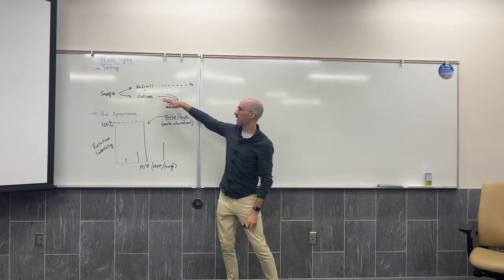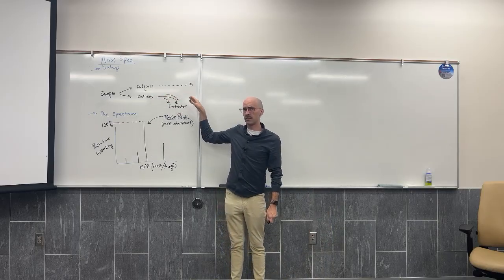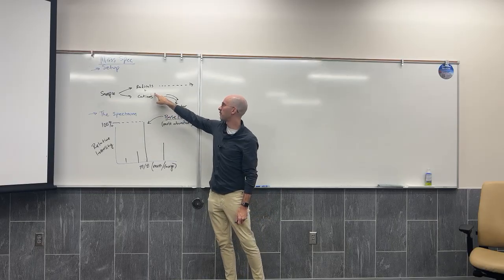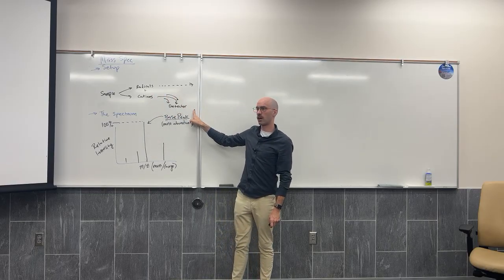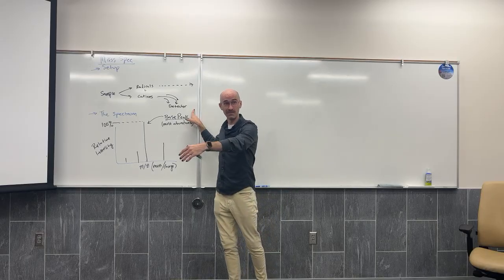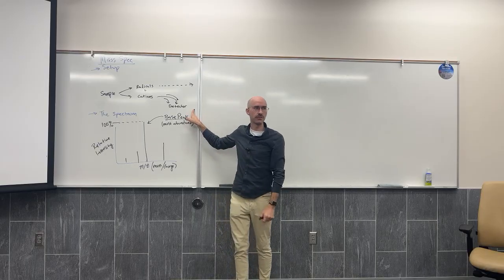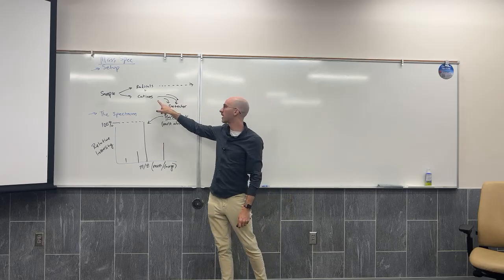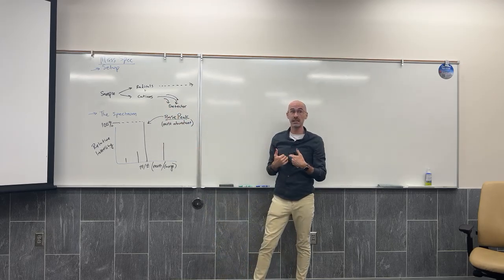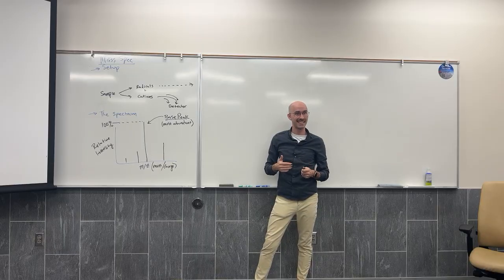And remember the way that I was depicting this detector is if the fragment hits the detector on one side, that means the magnetic field couldn't really pull it well. And so the detector knows that it's heavy. If it hits the detector on another side, that means the magnetic field pulled it really well, and that means the fragment is light.